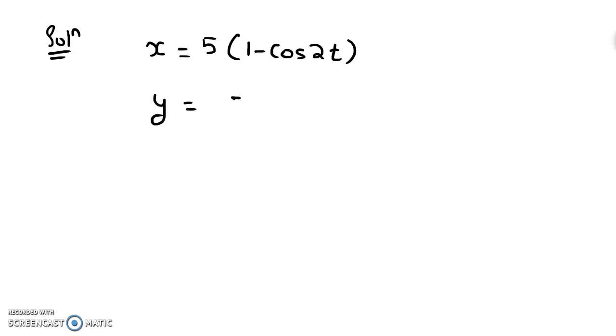Looking at the equation of the displacement, I can say that the displacement in the x-axis is x equals 5 minus cos 2t, and the displacement in the y-axis is 5 sin 2t. Now I can make a square of both sides, and if I add x square plus y square, it would be 5 square.